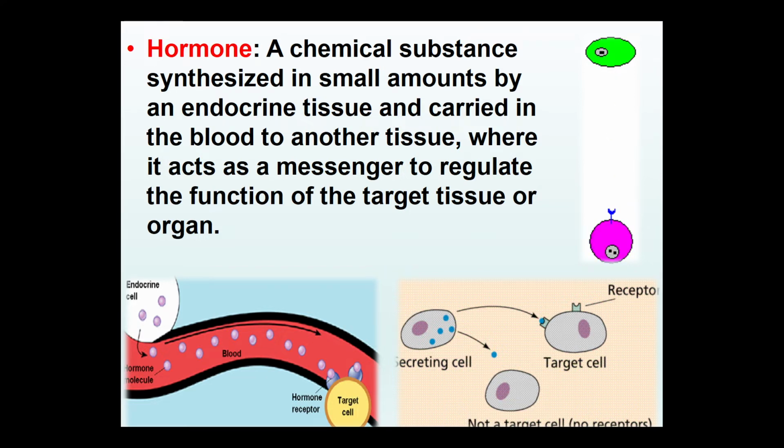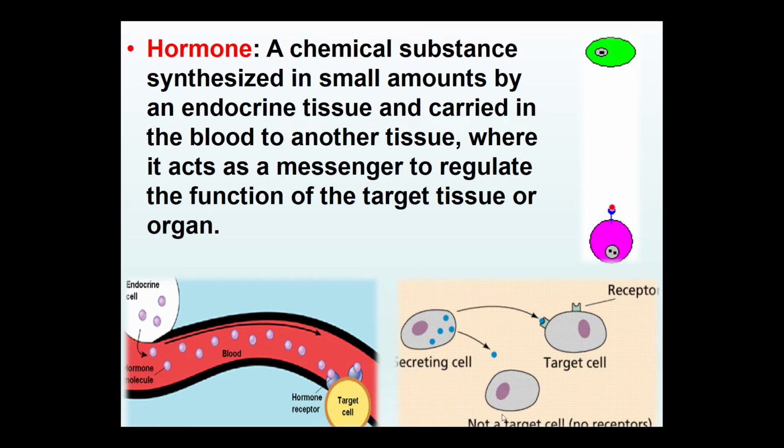And the final link in the system is that hormones interact with special receptors on or in the target cells, triggering responses. Only if a cell has this receptor is it a target cell.